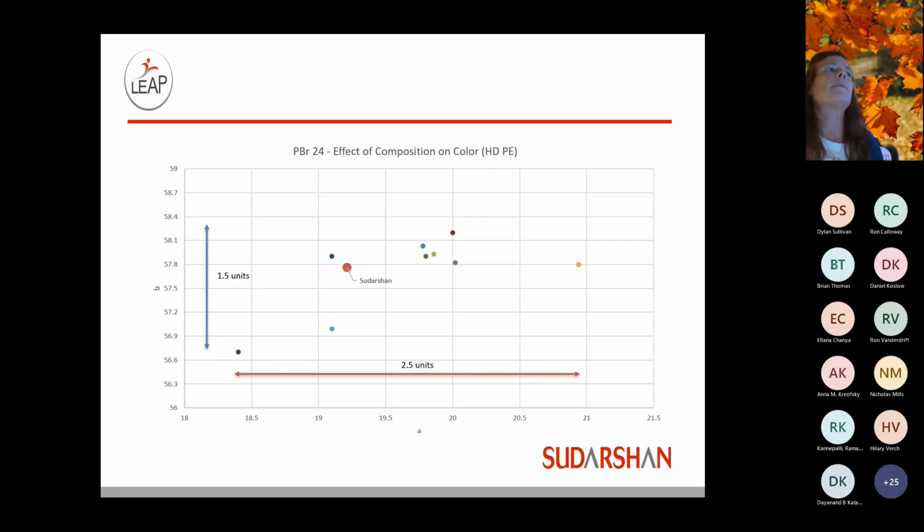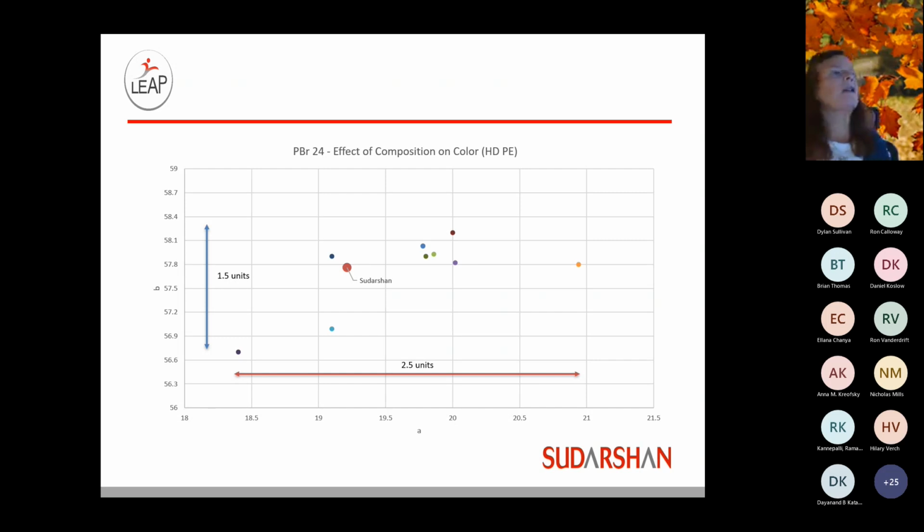The first is pigment brown 24. So as I mentioned, there's formulation and there's process when putting together these color index pigments. So the chemistry is always going to be the same, the final end chemistry, but how you get there can impact the color. So in this particular case, we're taking a look at the color impact by compositions, and this color is evaluated in a high density polyethylene.